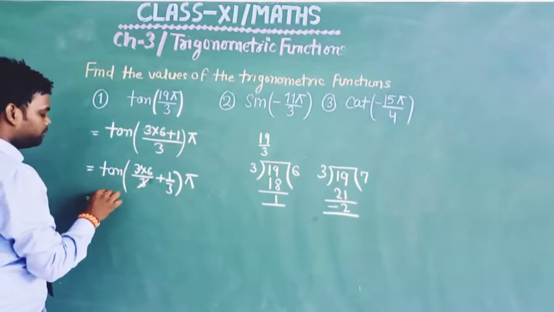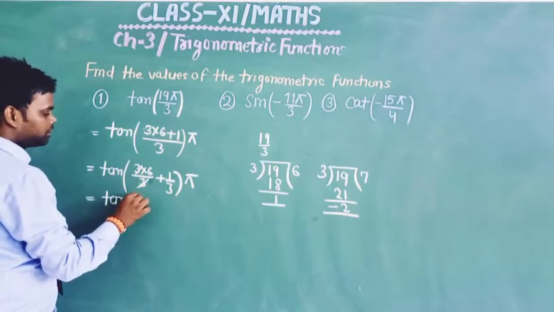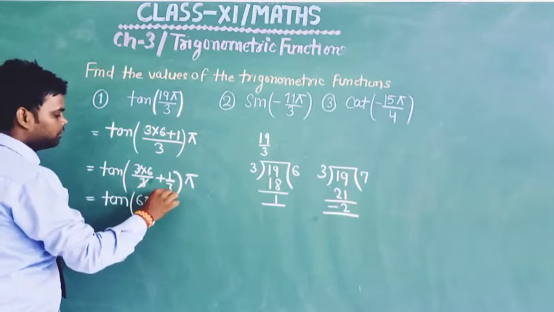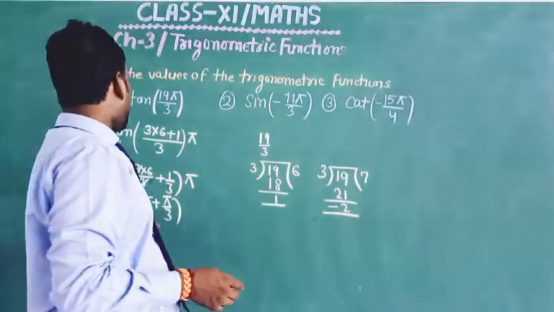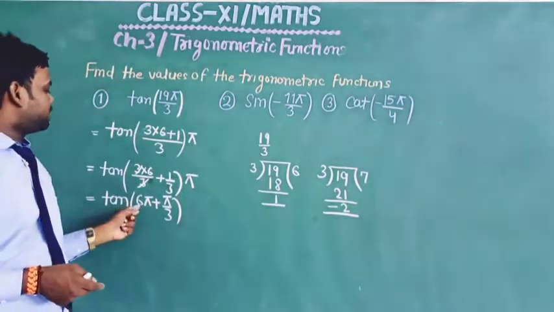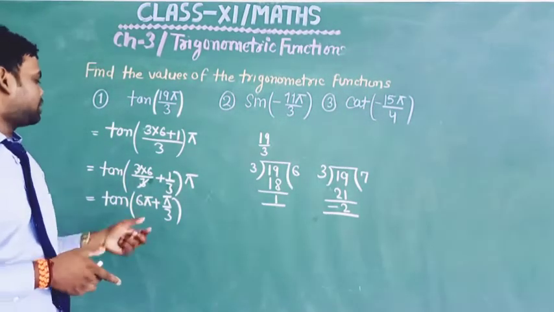So we will get 6π plus π/3. Okay, 6π plus π/3. Now you can check that 6 threes are 18 plus 1 is 19π/3. So this is correct.